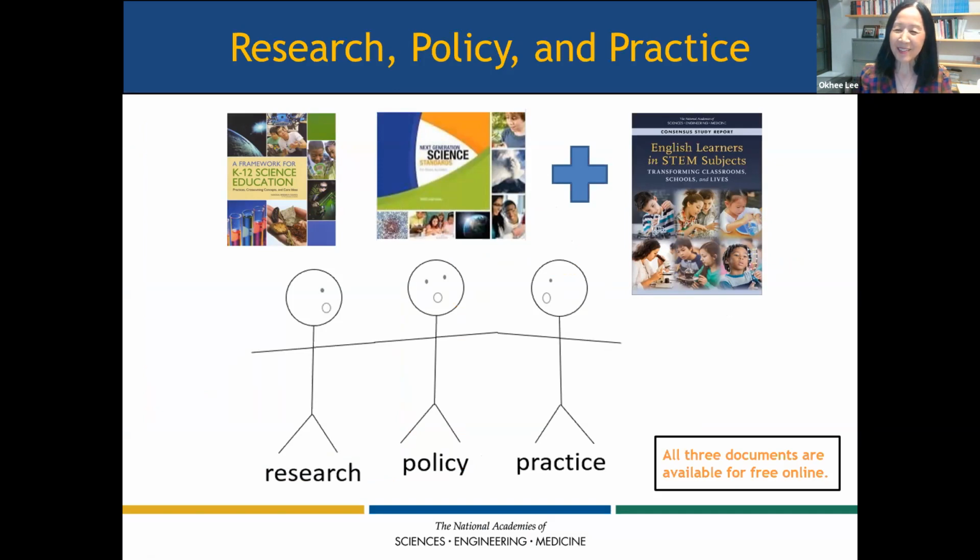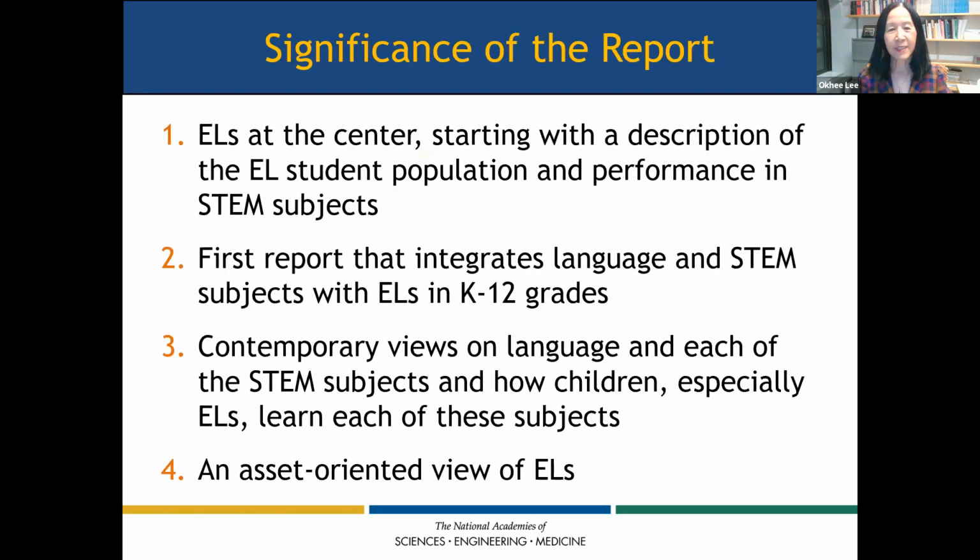I hope that you like the screen, that there is a framework and there is the NGSS, and now the NGSS and framework are made accessible to all students, including English learners. By the way, I would like to point out that on the bottom, all three documents are available free online because these documents are supported by your taxpayers' money, so they are yours, no charge.